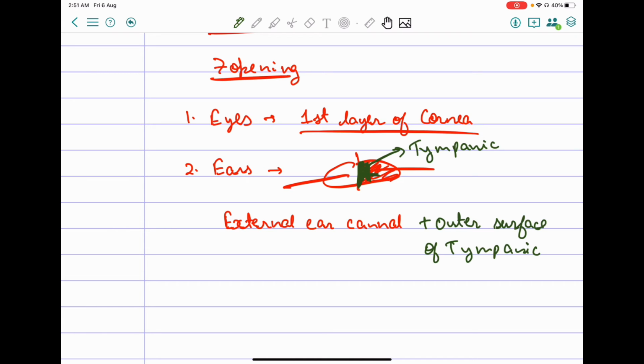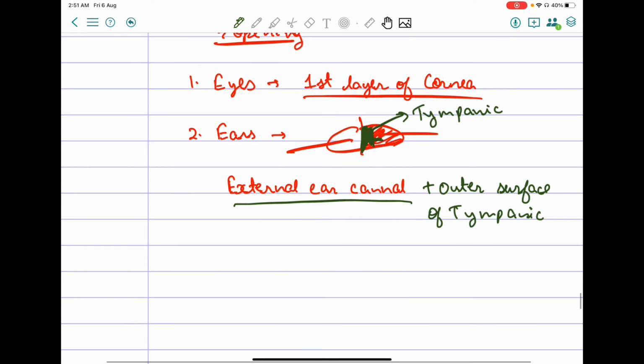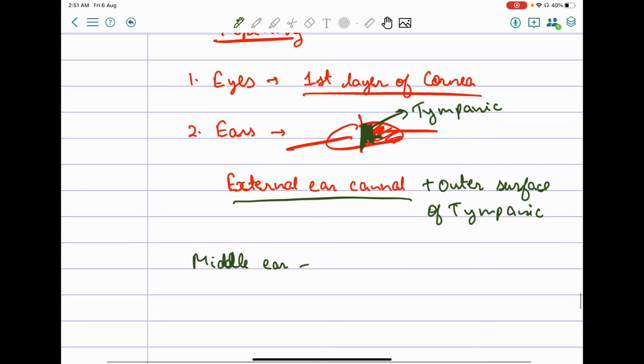All right, and the external ear canal. Then what is the middle ear cavity and the inner surface of the tympanic membrane covered by? Which epithelium is found in the middle ear plus the inner surface of the tympanic membrane?